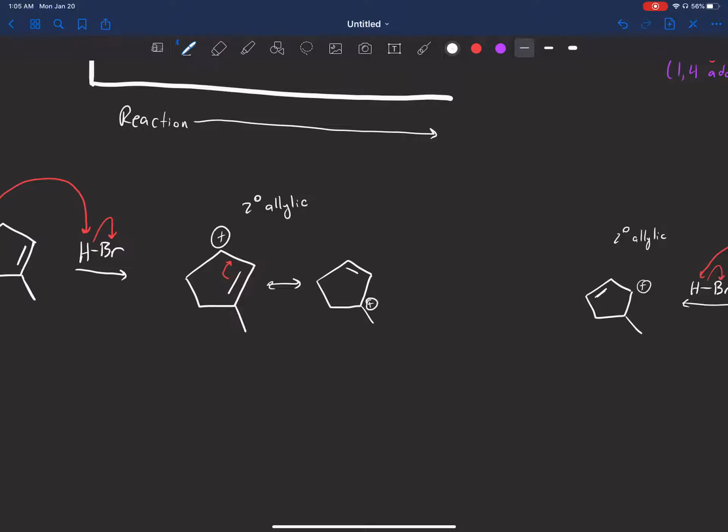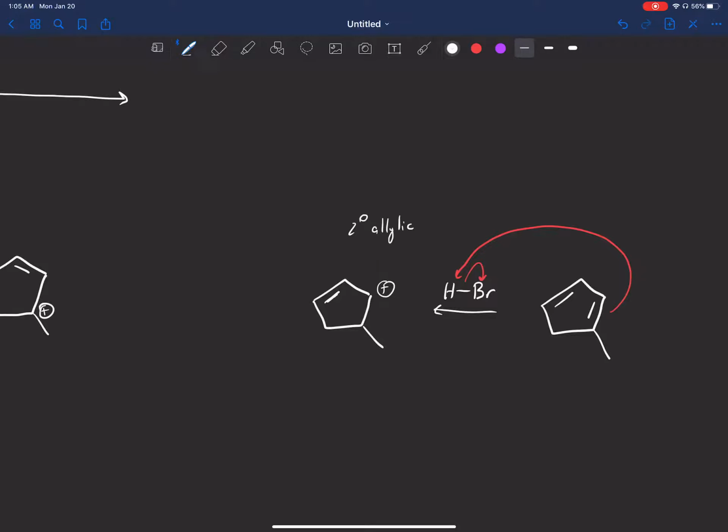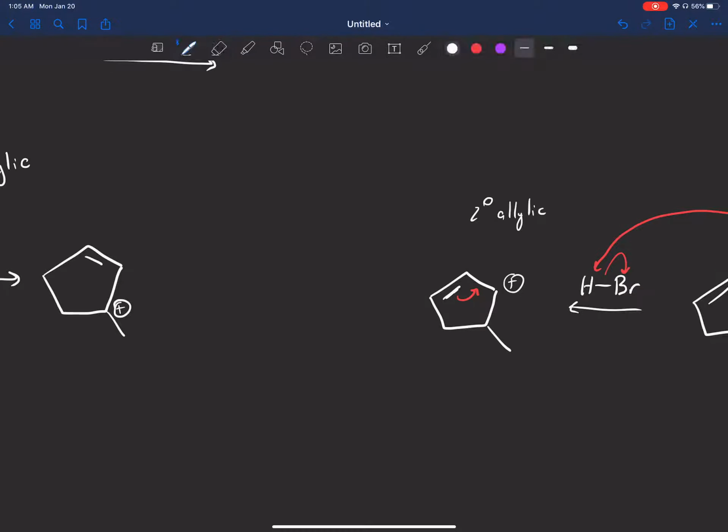The carbocation now moves this way. And now to look at this guy, resonate this double bond over. That was too close. The double bond moves there.